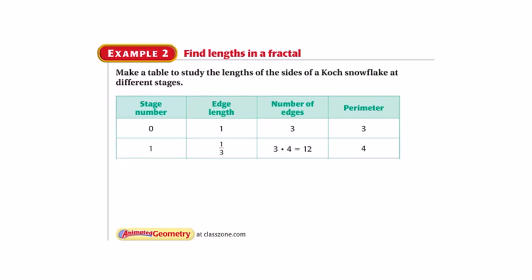Alright, so then when I increase by 1 stage, the edge length is going to be 1/3 since I chopped each side into 3, and then I have all of my edges, and they add up to a total of 12.